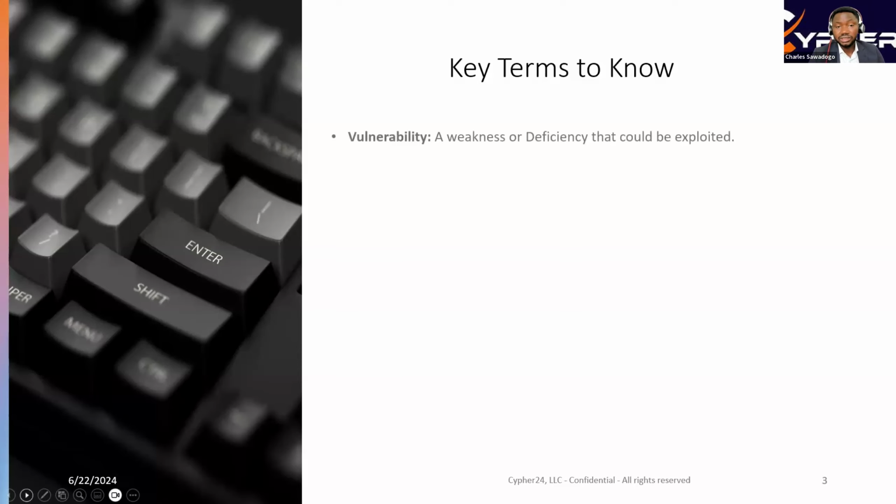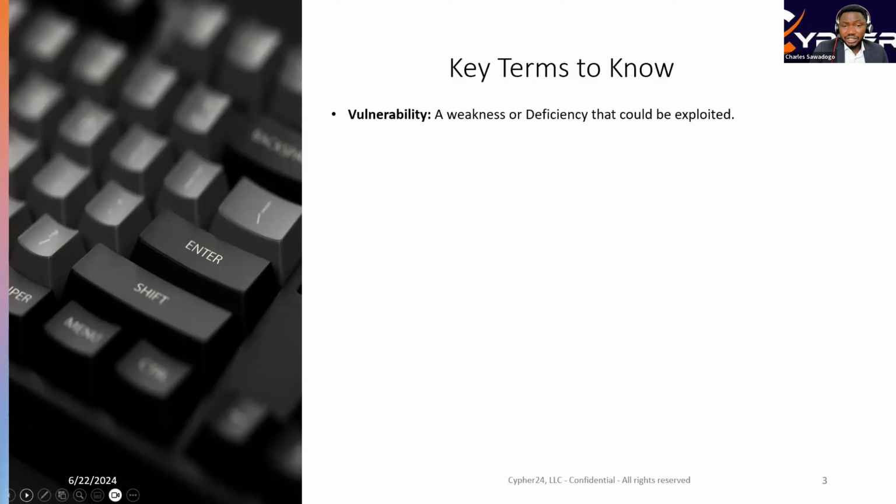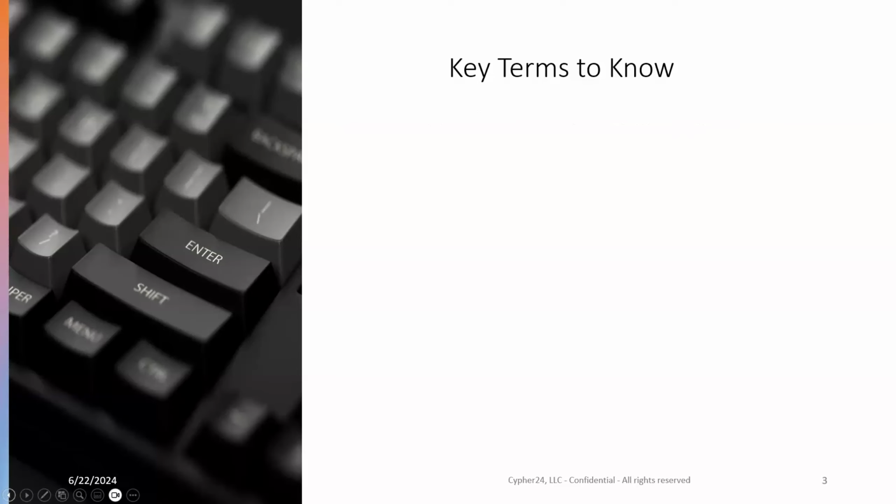All right. So, number one key term that we need to understand here is vulnerability. What is a vulnerability? Who can try to define what a vulnerability is? Vulnerability management is a continuous process to proactively identify, evaluate, remediate, and monitor security weaknesses in the information system to protect against potential threats and breaches.